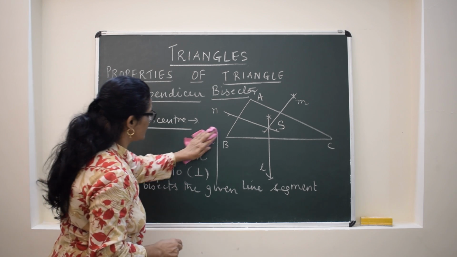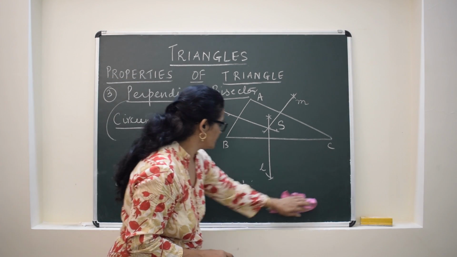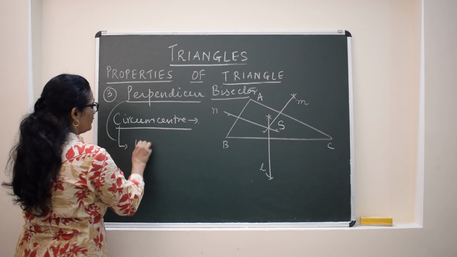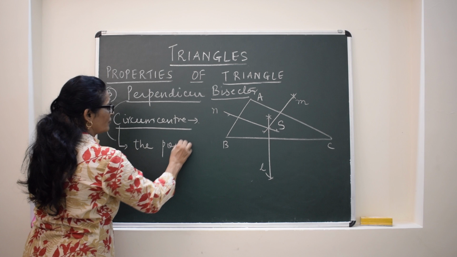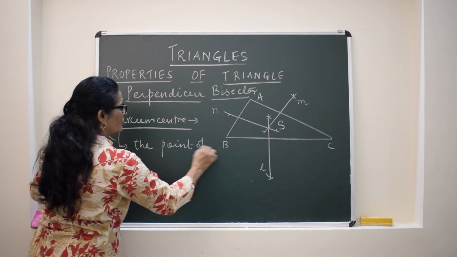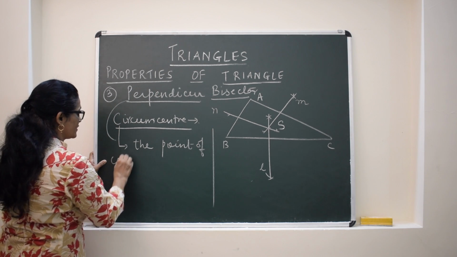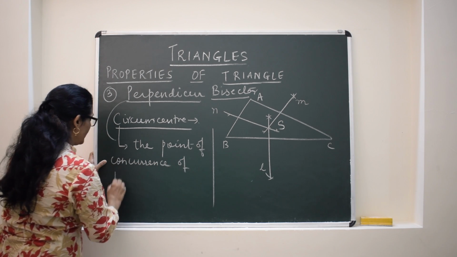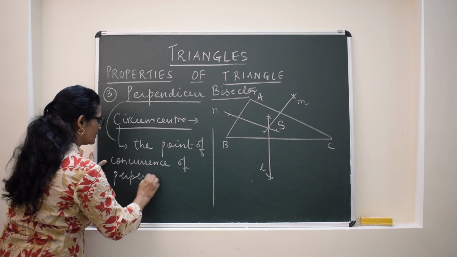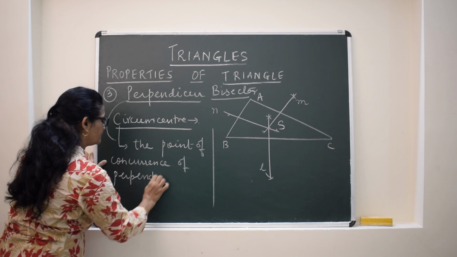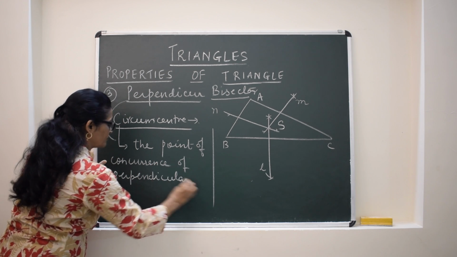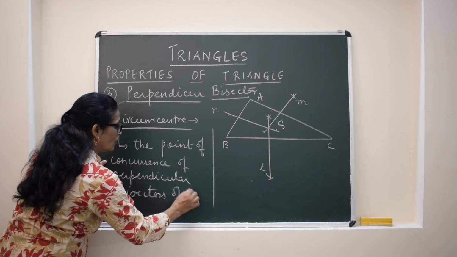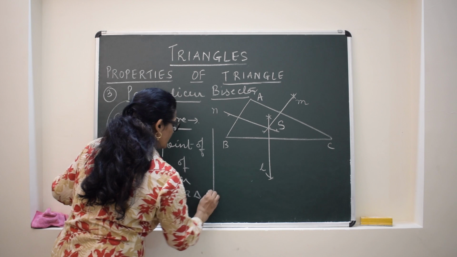So we define the circumcenter as the point of concurrence of perpendicular bisectors of a triangle.